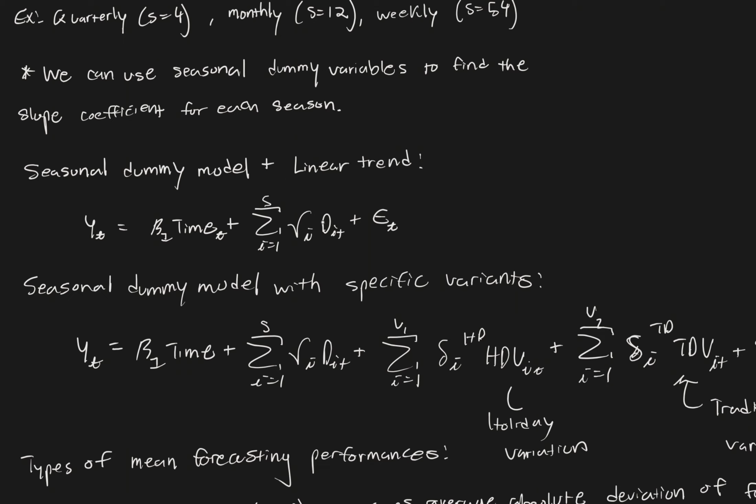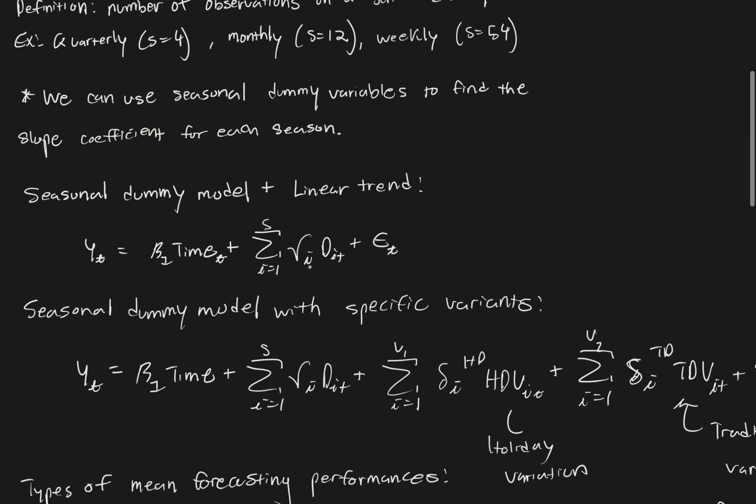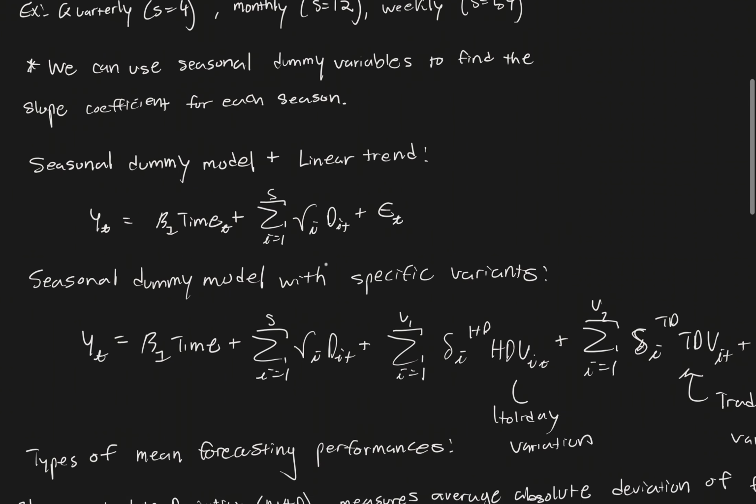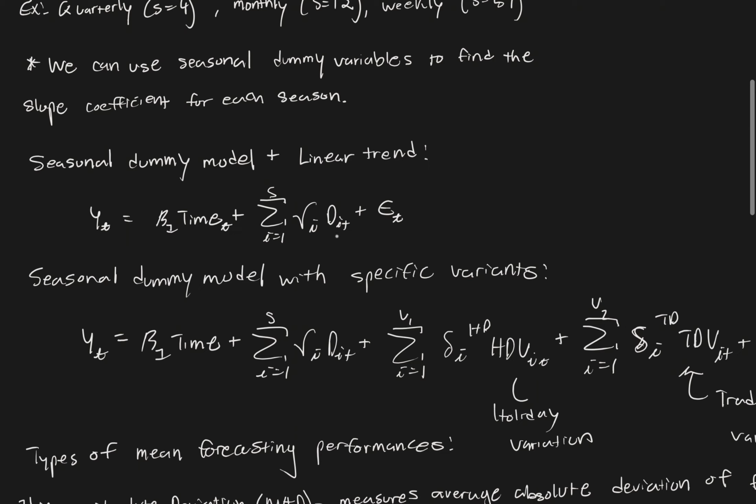But here we have dummy variables where we represent each type of season. So if it's monthly, then we'll have 12 months from January to December, and we'll measure the coefficient of each month.